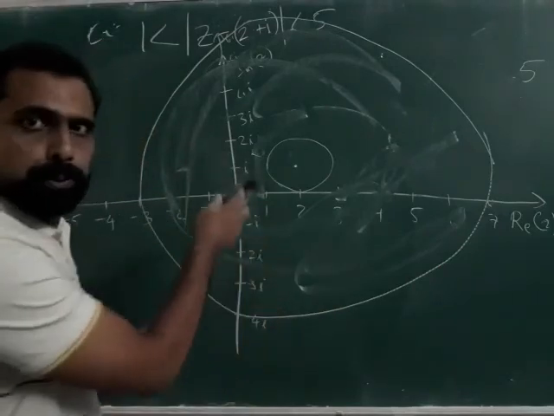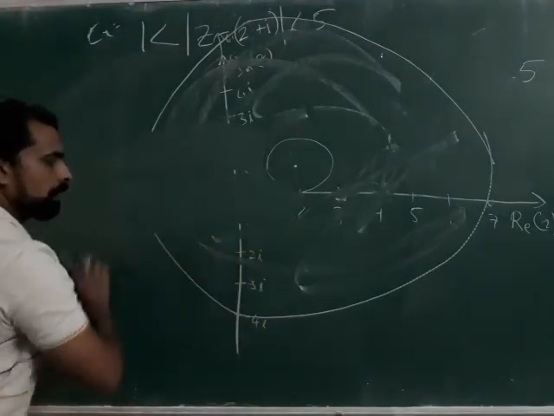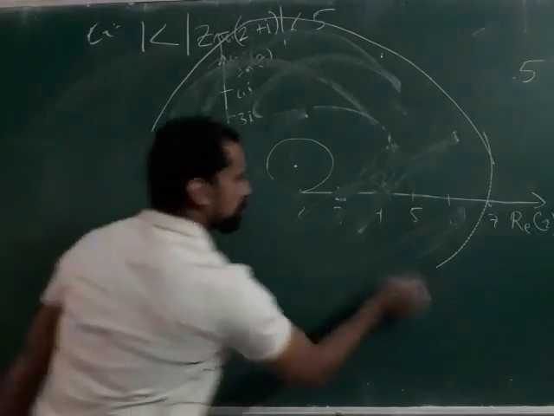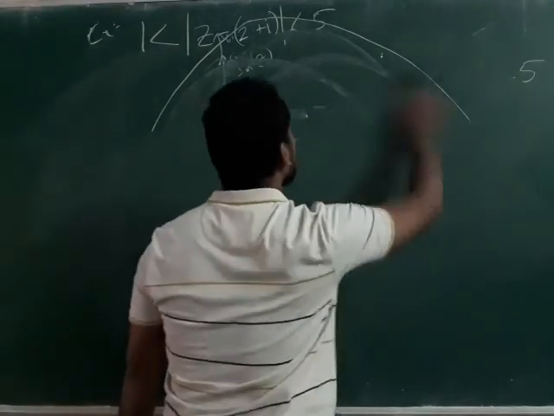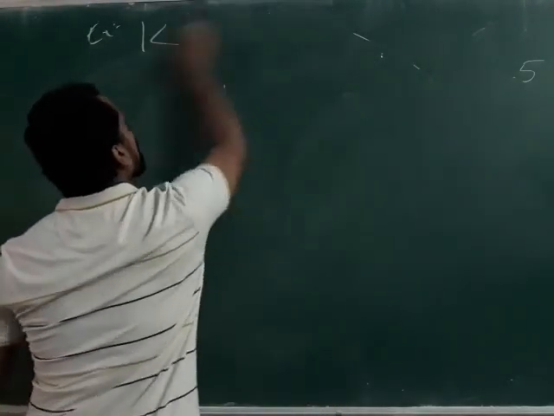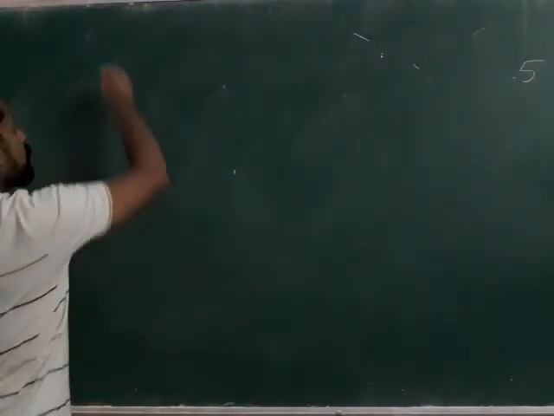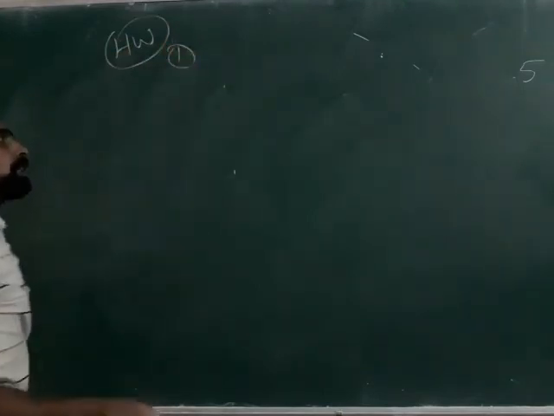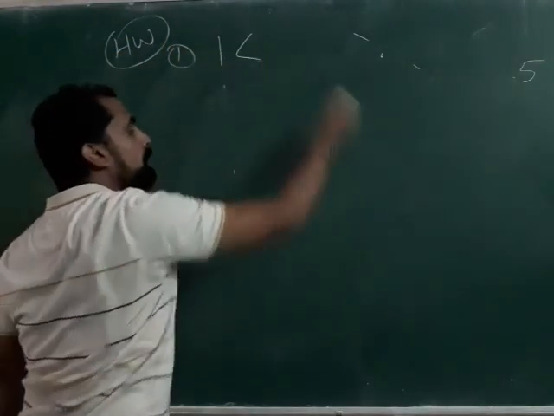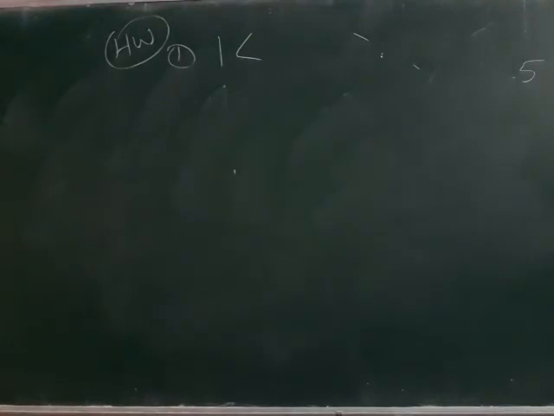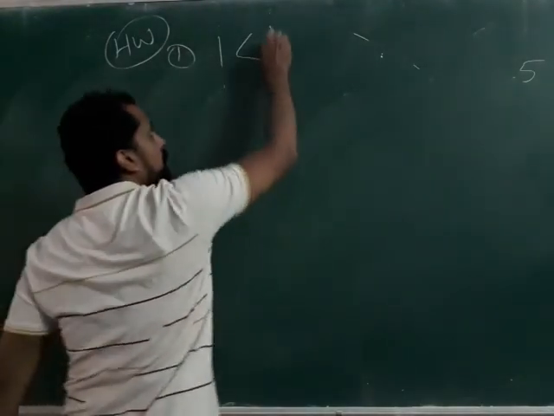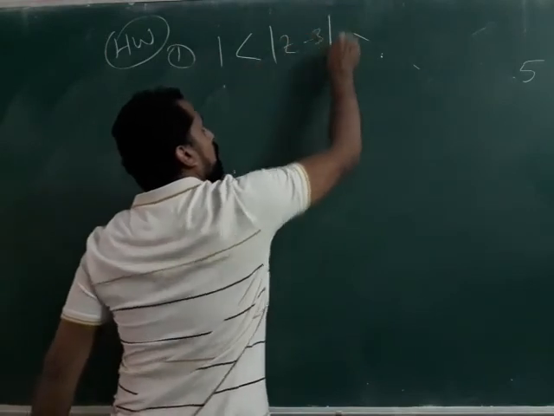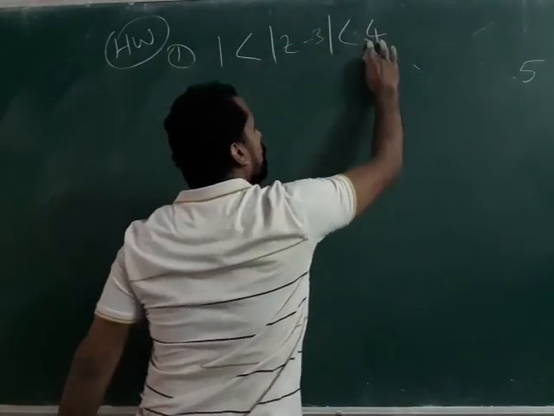So I will give you 2-3 examples. Okay, your homework is, you can draw. First one, I am just taking mod z is greater than 1 and mod z minus 3 less than 4.